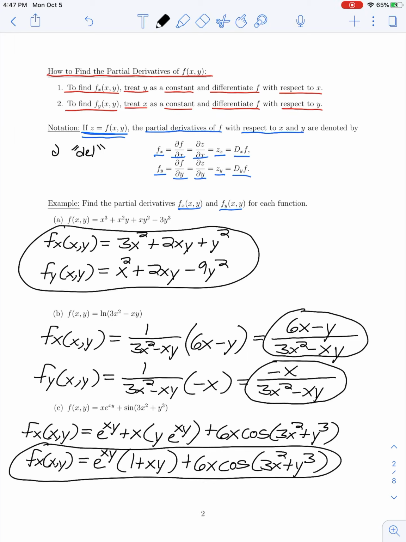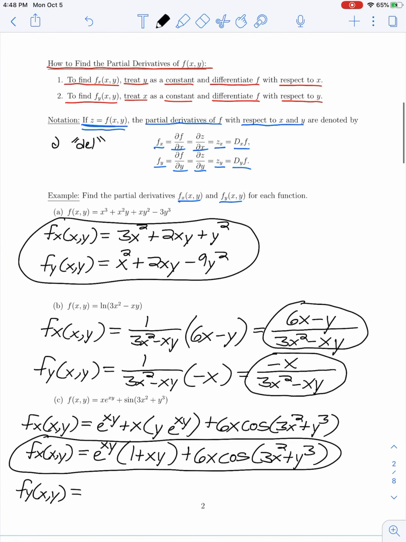Now for the partial derivative of f with respect to y, let's take a look. Our first term was x times e to the xy power. So if we're differentiating with respect to y, we no longer need the product rule to handle that first term, since x is being considered as a constant.